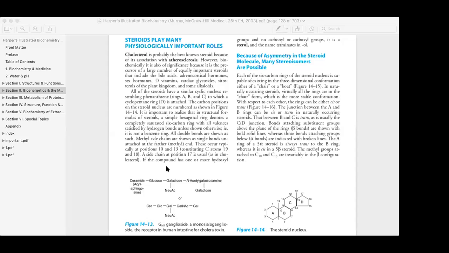This apoprotein is different for each lipoprotein. In case of LDL, this apoprotein is B100, apoprotein B100. In case of HDL, this apoprotein is ApoA. And some other types also exist, but the main type is ApoA. LDL has apoprotein B100.